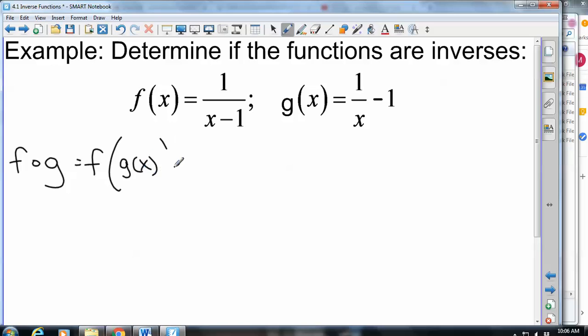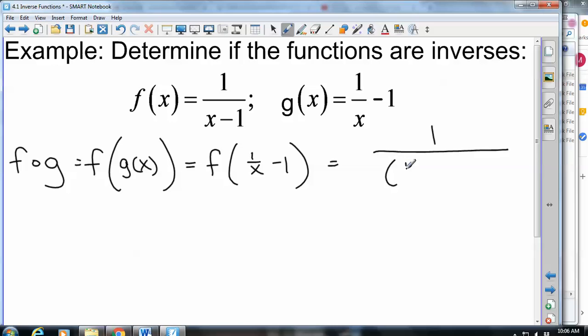So that's f of g of x. G is 1 over x minus 1. If I plug that into f, f is 1 over whatever you put in minus 1. And then it looked like that.